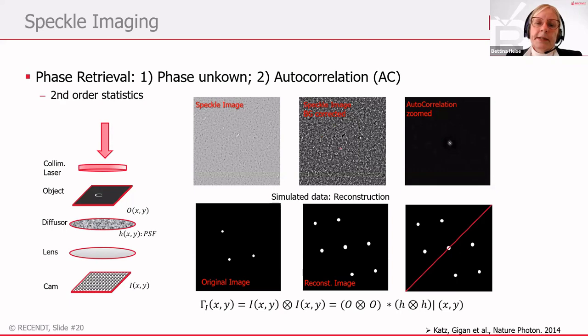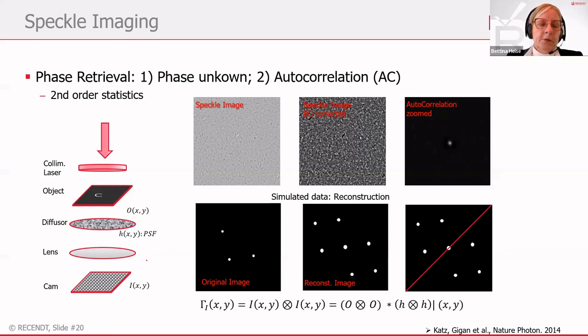You build the autocorrelation of this noise-like speckle pattern, which is a slightly modulated Gaussian, similar to a delta function. By phase retrieval techniques, you try to reconstruct the original image. The mathematics behind it is that you build an autocorrelation of your measured image, that is in this equation.